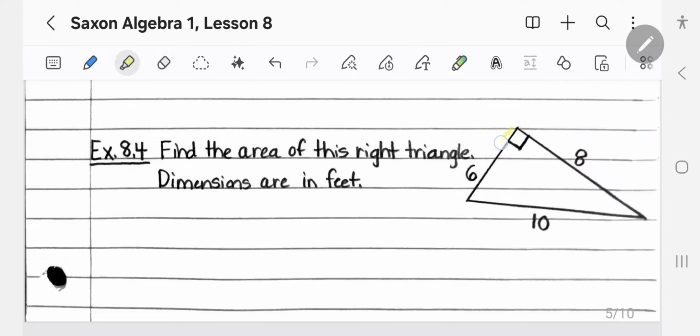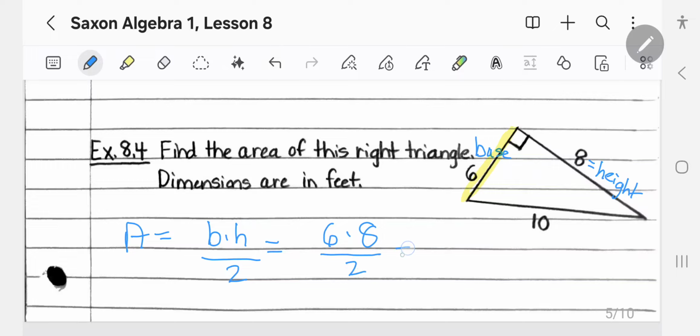So let's use the 6 as our base. And I'll just mark that as a base. And then that would mean that the 8 is our height. We know that area is equal to base times height divided by 2. Our base we're going to use is 6. Our height that's perpendicular to that base would be 8.